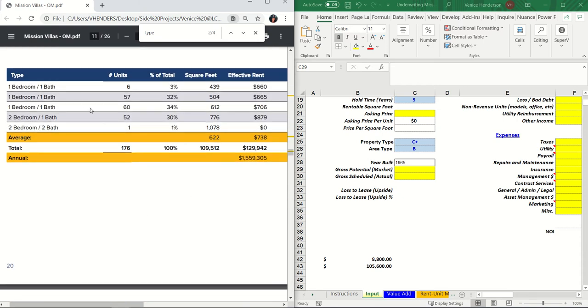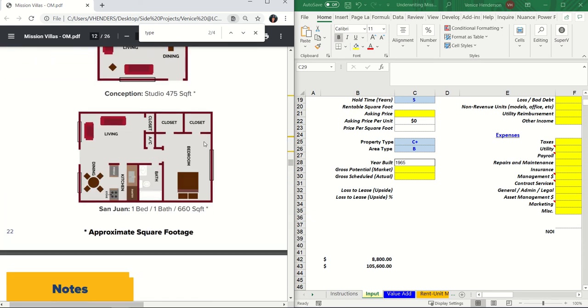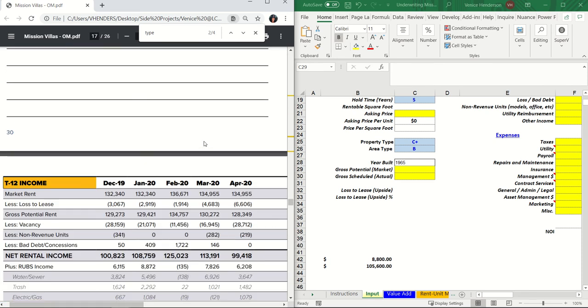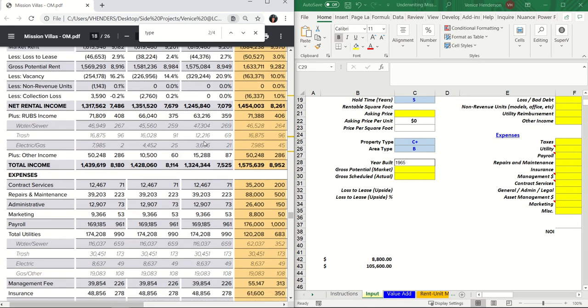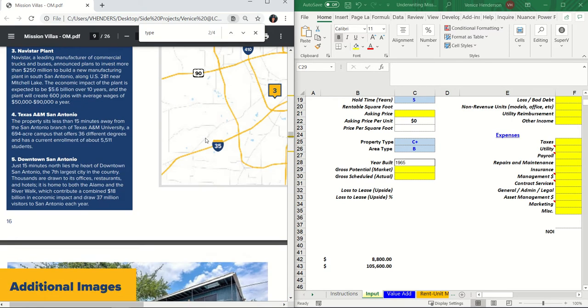Wow. So let's look at the mix of the units. For a total of 176 units, we have 60 plus 57 plus 6 one-bedrooms and 53 two-bedrooms. I thought there was a mix of... I really thought there was a 3-bedroom. I think that's interesting. So let's scroll back up because now my mind is playing tricks on me.